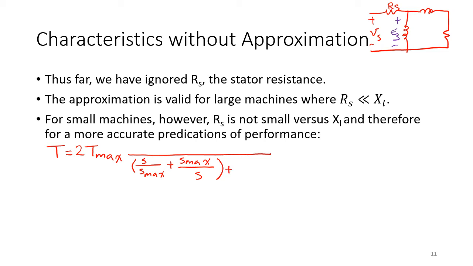Plus 2 over the root of 1 plus XL over RS squared, and here 1 plus 1 over 1 plus XL over RS squared.